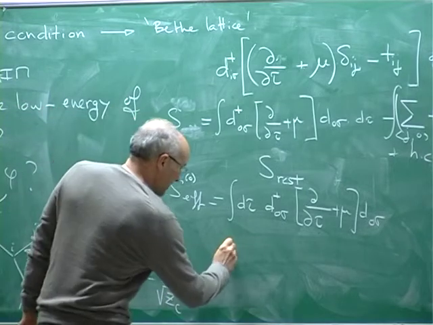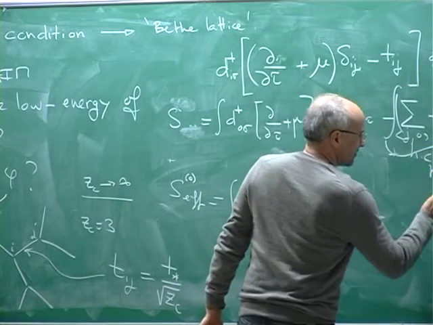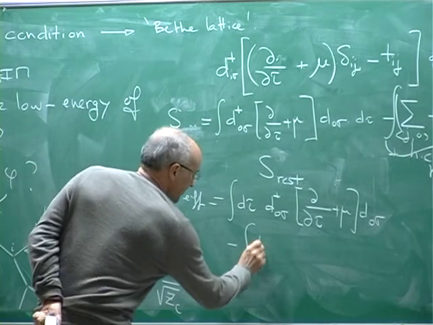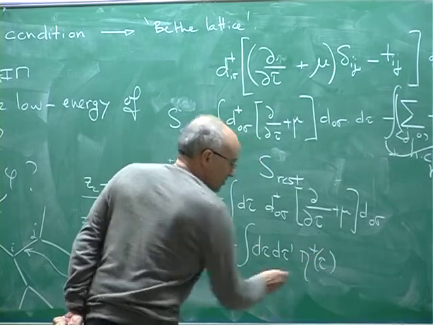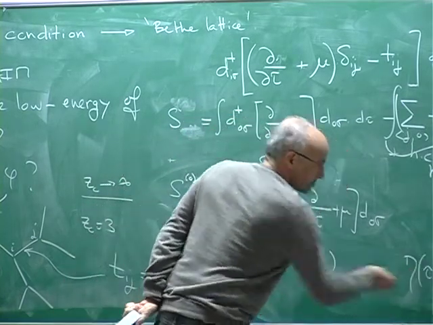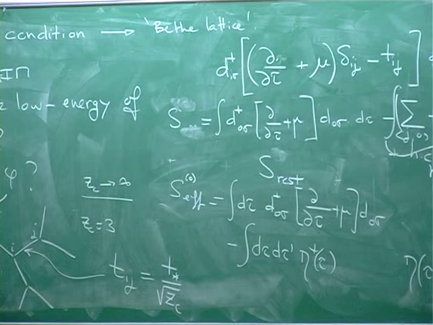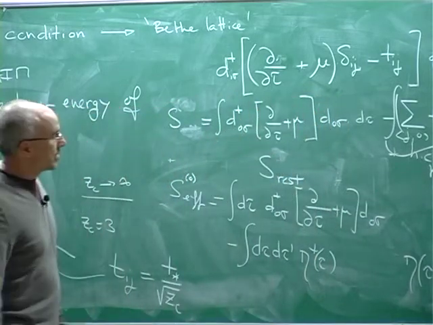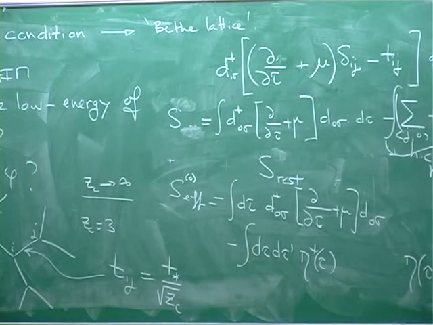Let's see if I can do it. So this is like a source term, eta, for site 0 at time tau. So what am I going to get here? I'm going to get the integral d tau prime, source term at time tau, source term at time tau prime, times a kernel, which is the Green's function of d dagger j sigma dj prime sigma.